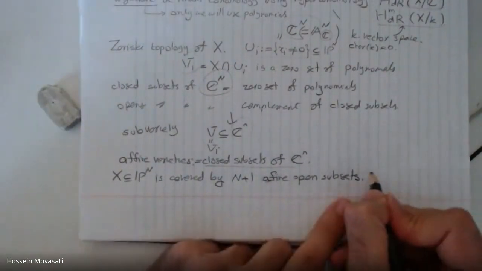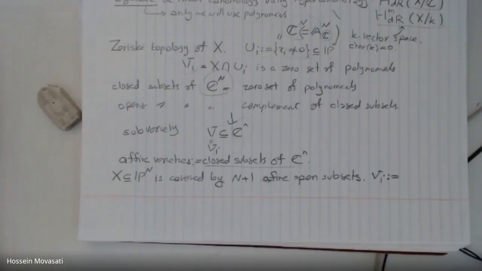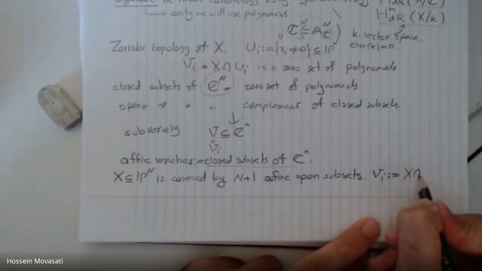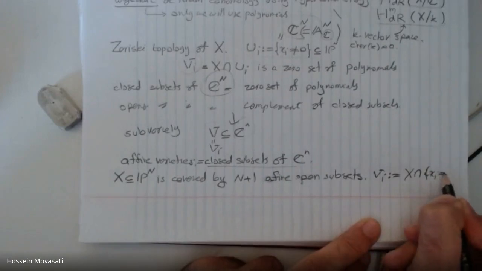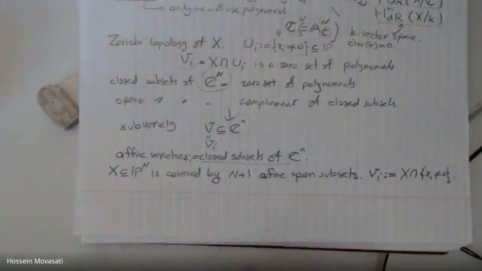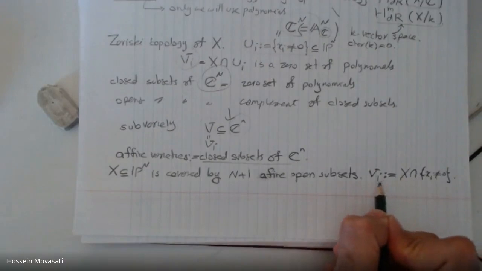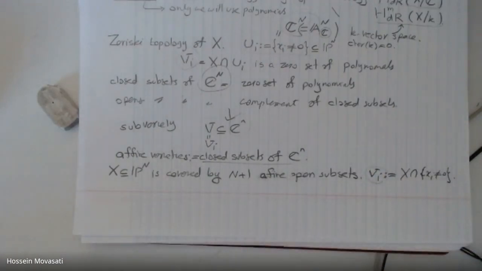And these are just the V_i, where V_i equals X intersected with this U_i, which was x_i not equal to 0. So we will need this for computations.